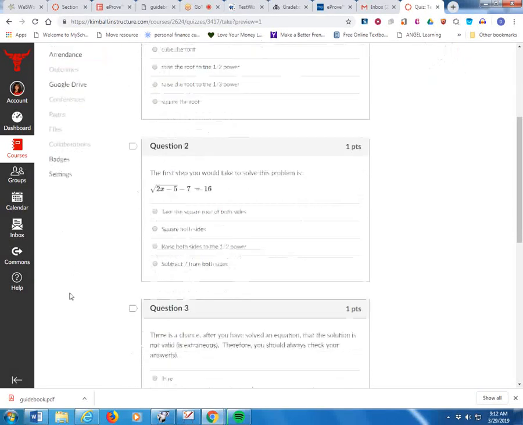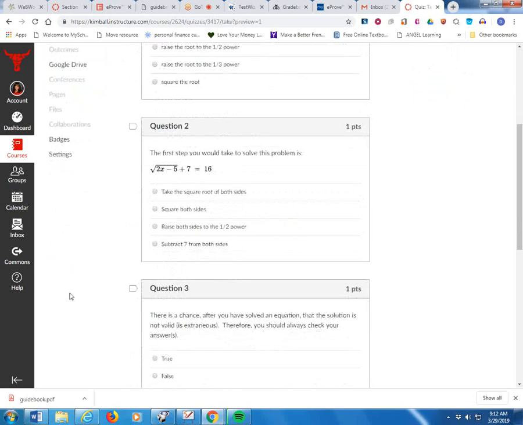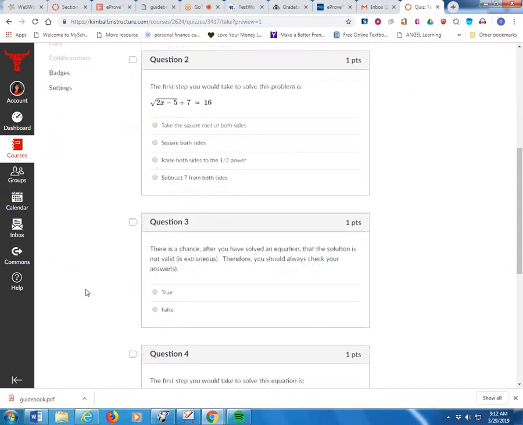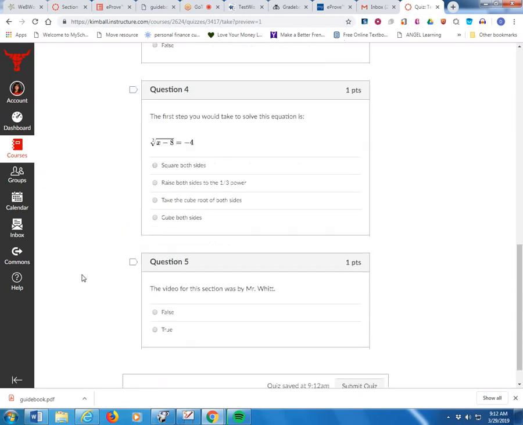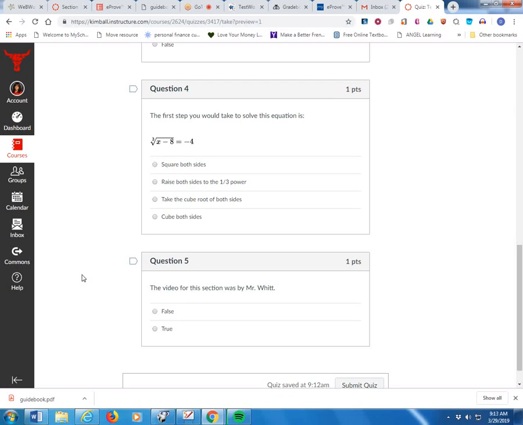The first step you would take to solve this problem is to subtract 7. There is a chance after you have solved an equation that the solution is not valid. We call it extraneous. Therefore, you should always check your answers, because you might get one answer that doesn't work. The first step you would take to solve this equation: cube both sides. The video for this section was by Mr. Witt.